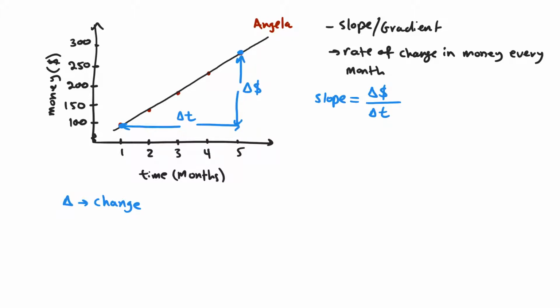And another way that people often write this is using a notation where this part over here is how much you're rising. From here to here, you're rising by this amount, which is exactly the same as the change in dollars. So I'm going to call this rise.